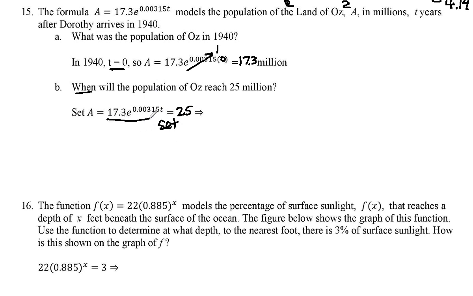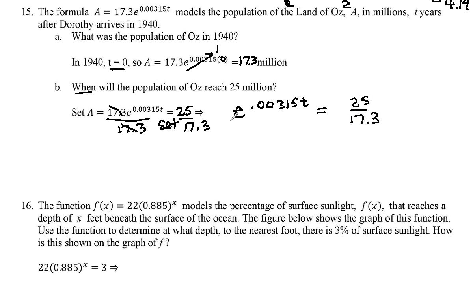So we will divide by 17.3 on both sides. And so these guys cancel. So we get e to the 0.00315t equals 25 over 17.3.